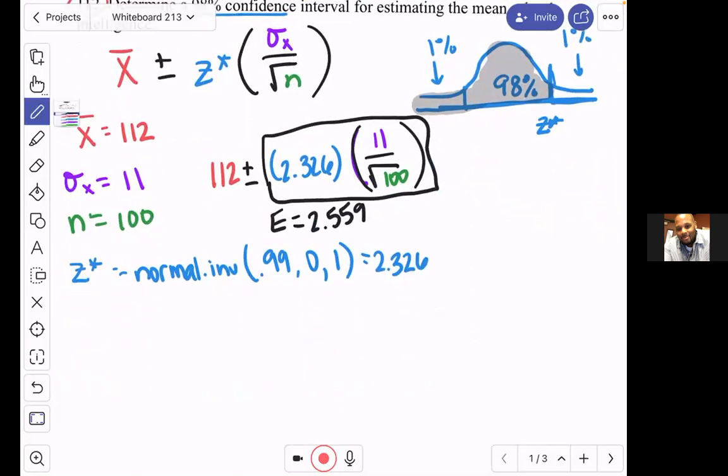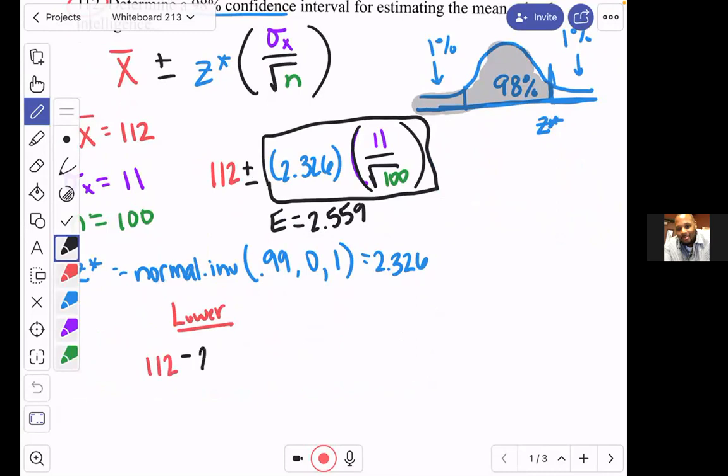And so now what I do is this: to find the lower bound, I'm just gonna do 112 minus this 2.559. And to find the upper bound, I'm gonna do 112 plus 2.559.